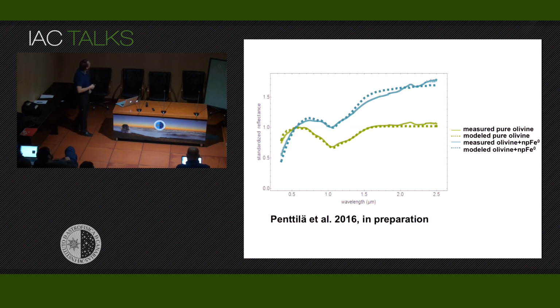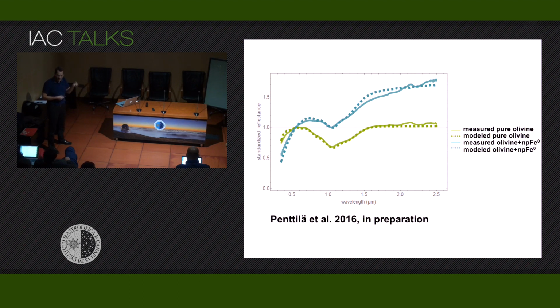Okay, what does this mean? This is interesting. We get a nice result using these input parameters, and why would this not be in contradiction with what I was telling about the close packing system? It turns out that the nanophase iron is a very weak scatterer.